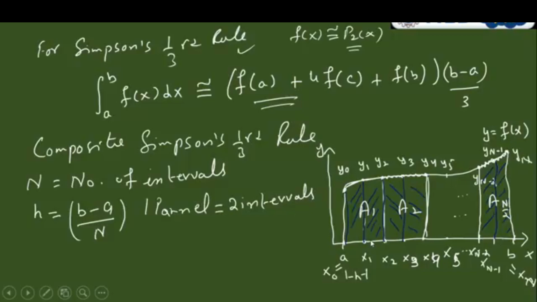If n is 5, then two intervals will be used to form one panel, 3 and 4 will be used to form the second panel, and one interval will be left vacant. So in Simpson's one-third rule, there is an important point that you have to keep in mind, that the number of intervals n must be even. Okay, keep in mind this point.